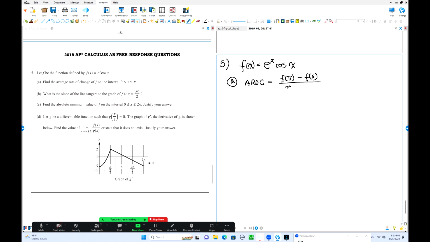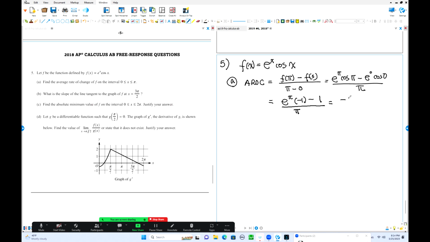Change in x is what? Pi minus 0. Are you okay with this? Yeah. So put this number pi there. e to the pi cosine pi and minus e to the 0 cosine 0. Okay. Over pi minus 0, just the pi. So e to the pi cosine pi is how much? Negative e to the pi, right? Yeah. e to the 0 is 1, cosine 0 is 1, that is 1 over pi.